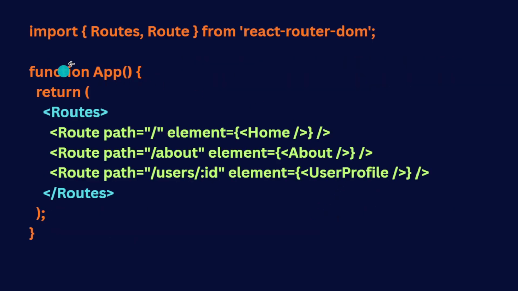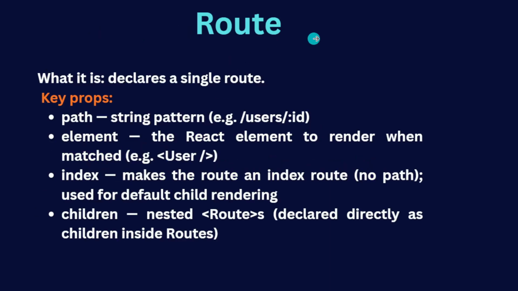All right, and this is an example. If you look at this, we import React Router DOM. Okay, and route. So this is a container, routes, and if you look at the green, we have the route inside this route. If you look at the cyan color, we have routes, and then inside routes we have these children routes, and then route.